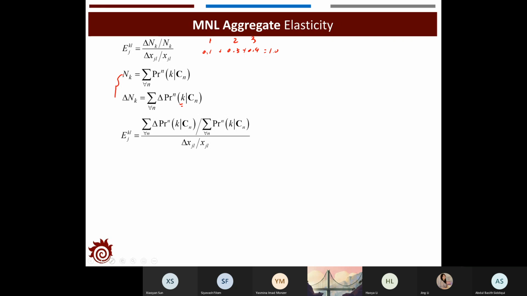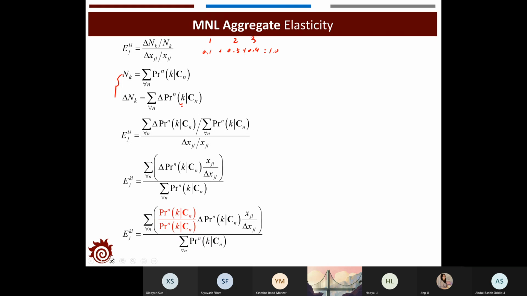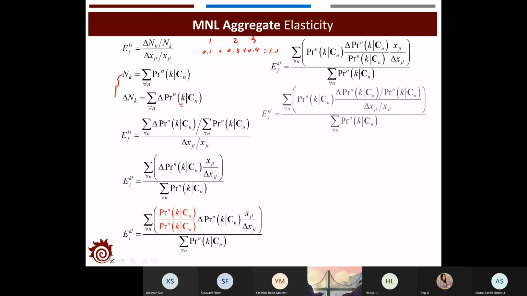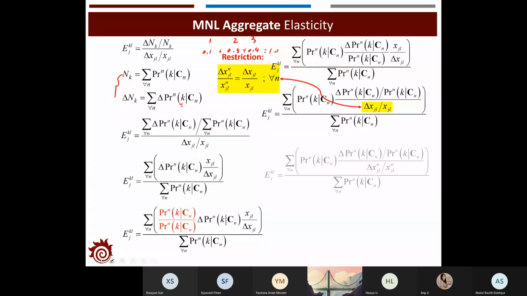So now we have the expression of the probability of K, and we know the relationship between the deterministic component and the attributes. We try to make some simplification. I will skip those steps, and eventually we can find a very simple relationship between the aggregate elasticity and the individual elasticity.